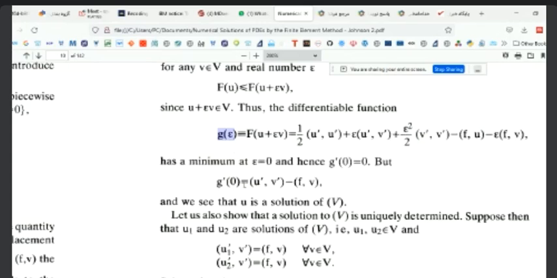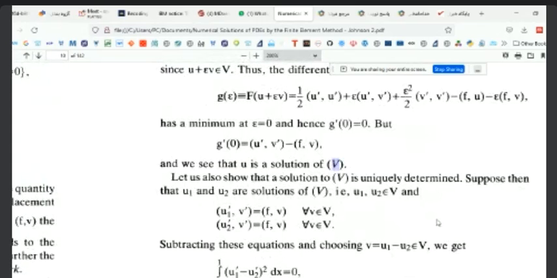So G prime 0 equals the inner product of U prime and V prime minus the inner product of F and V. So we have seen that U is the solution of V as a variational problem. And here we have shown that there is an equivalence between the problems V, D, and M.